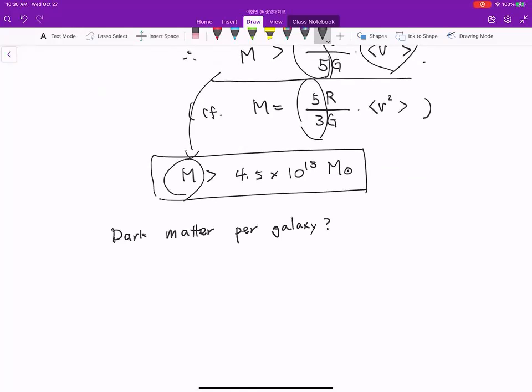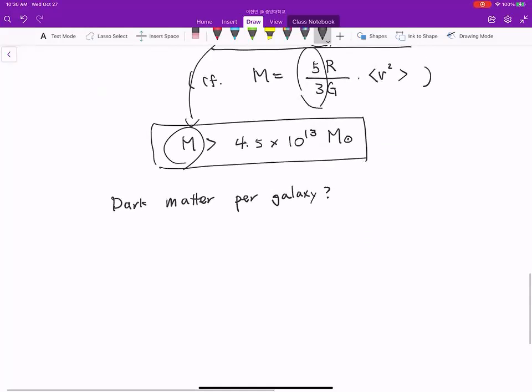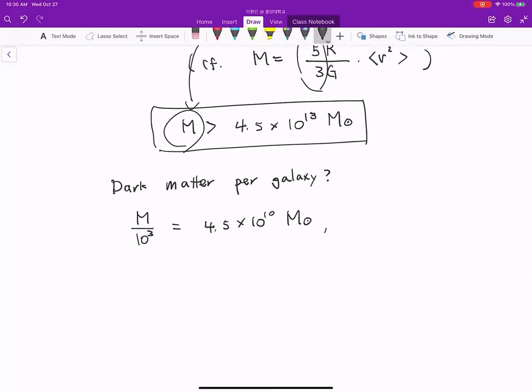This M, the cluster mass, contains luminous mass as well: luminous plus dark matter. So dark matter per galaxy, just divide by the number of galaxies. We said there are thousands of galaxies in this Coma cluster. Therefore, we are going to use the lower limit. We don't know the precise number, because most of it is invisible. We are just inferring. We don't know the structure.